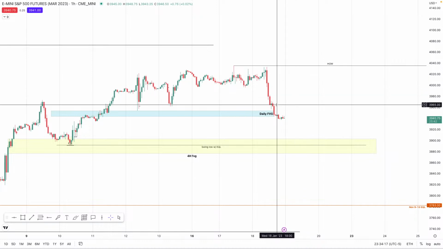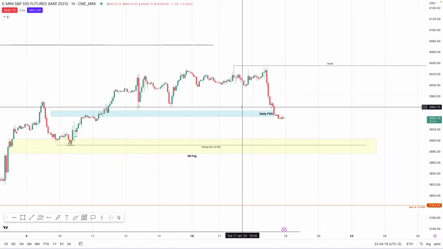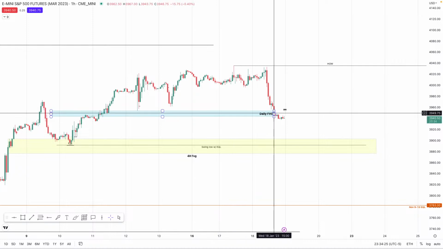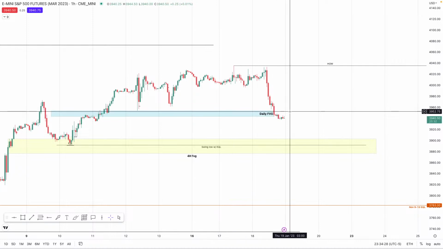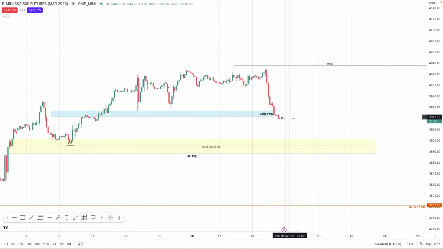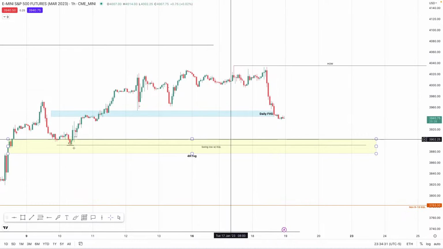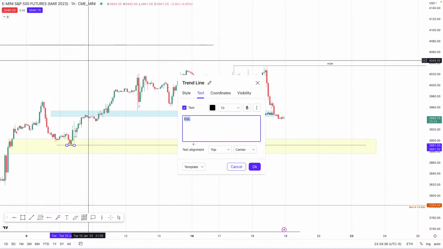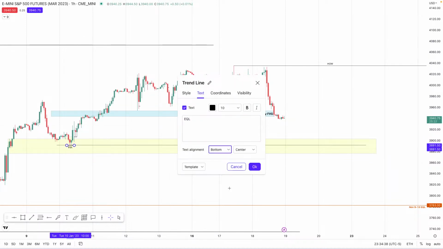Going down to the 1 hour. Okay, we got sell side liquidity taken, sell side liquidity taken, daily fair value gap completely ran through, and it's gone below. And we noted these equal lows right here. Just going to move this to bottom. There we go.